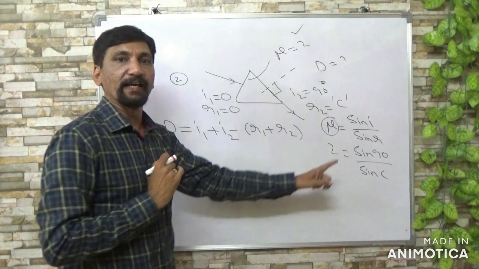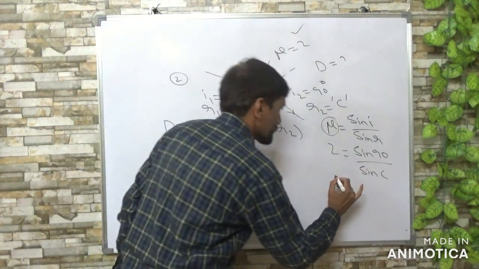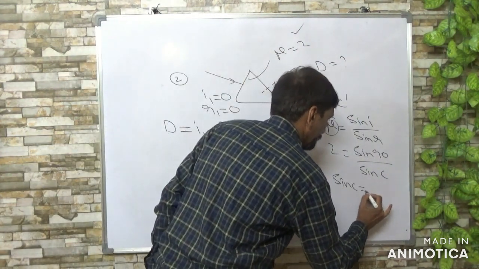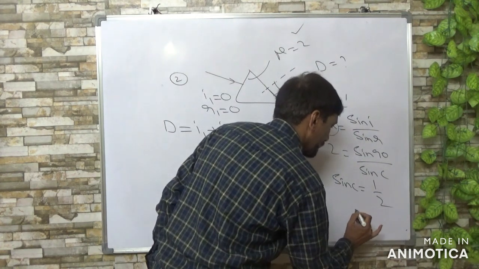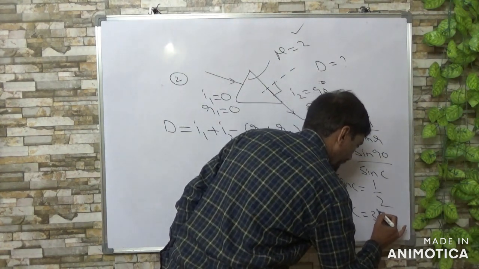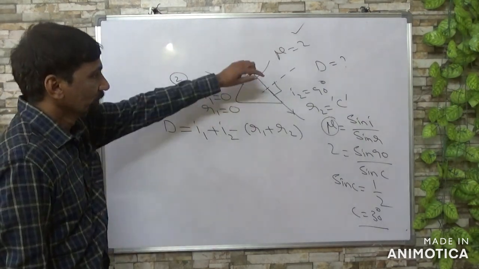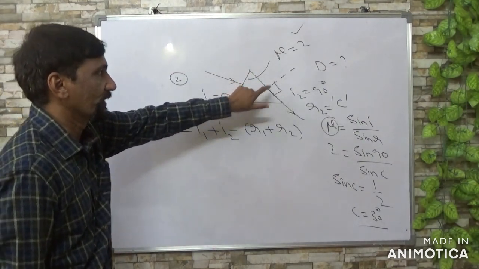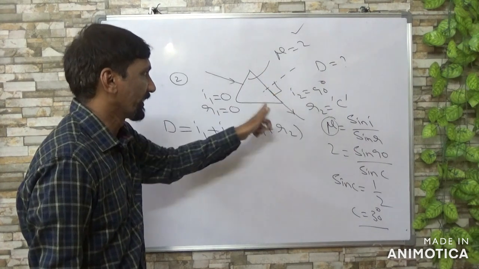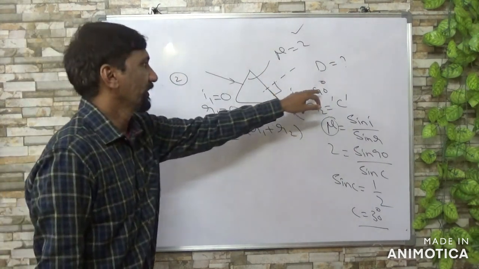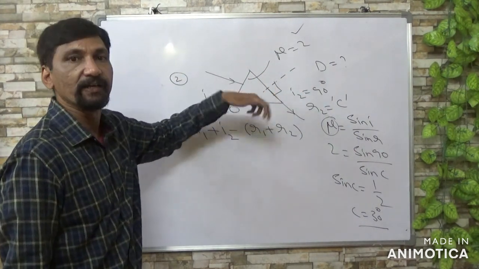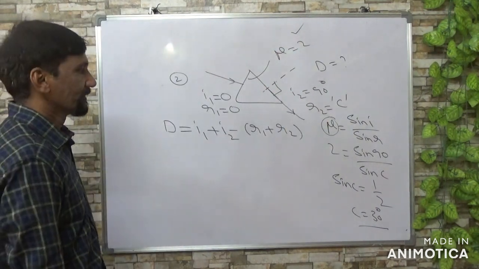Sin 90 value is 1, so sin C becomes 1 by 2, meaning C is 30 degrees. Because here the light ray is moving from denser to rarer and the corresponding angle of refraction is 90, so definitely this will be the critical angle, right?